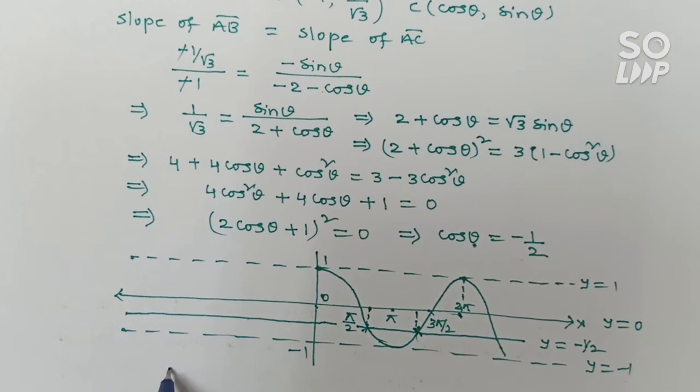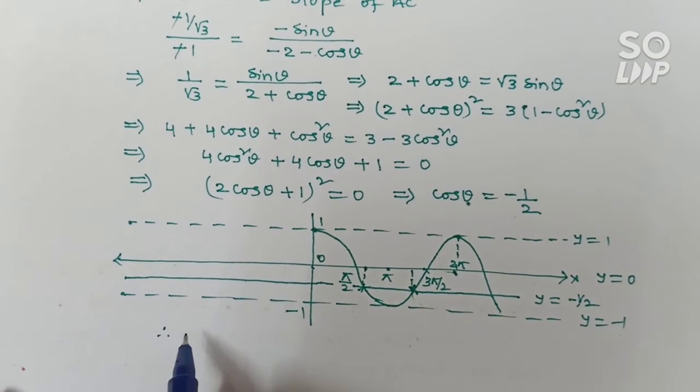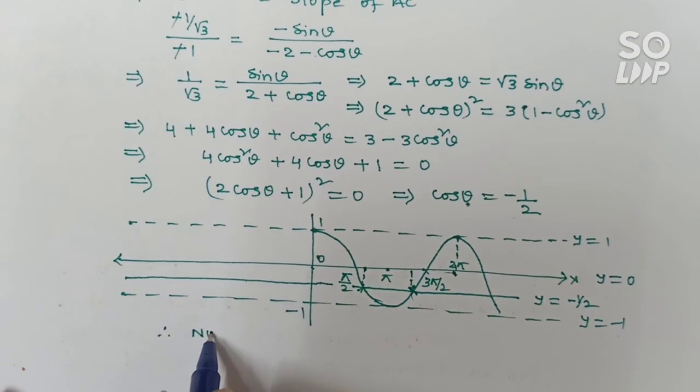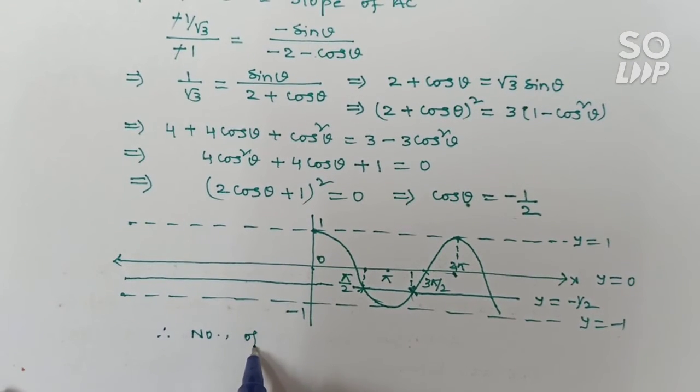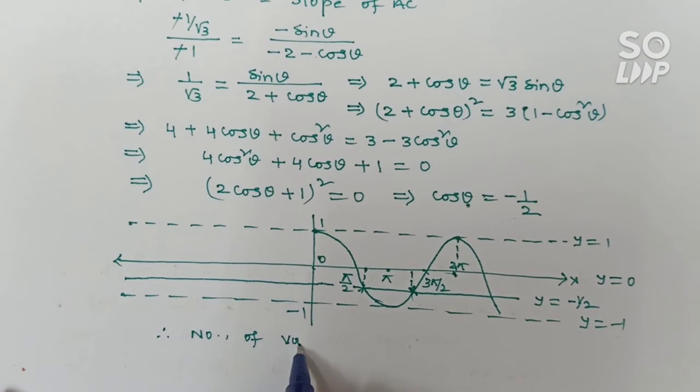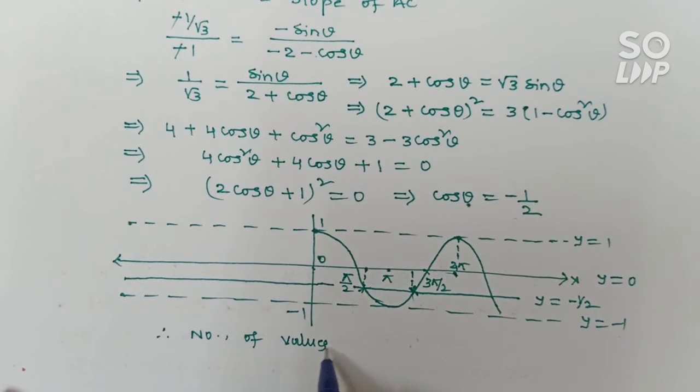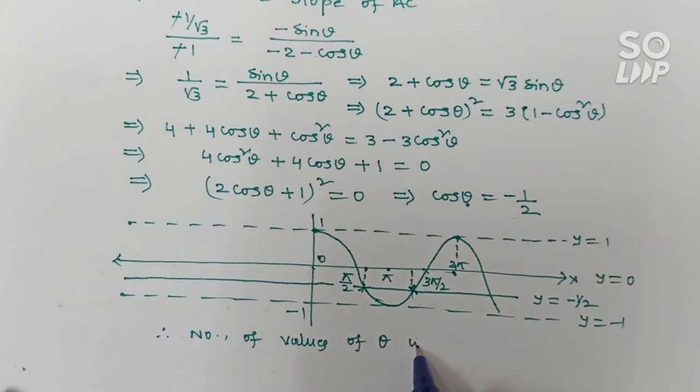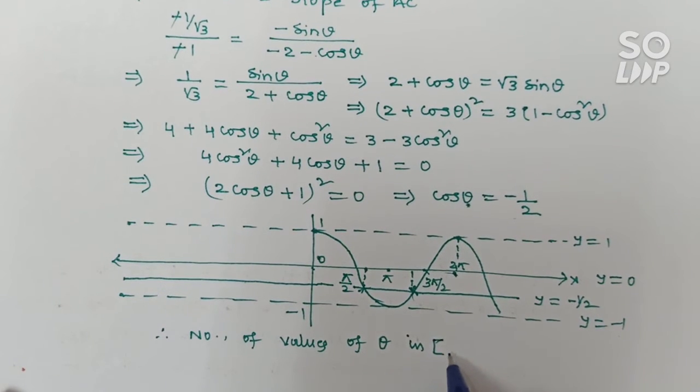So therefore the number of values of theta in the closed interval 0 comma 2 pi is equal to how many?